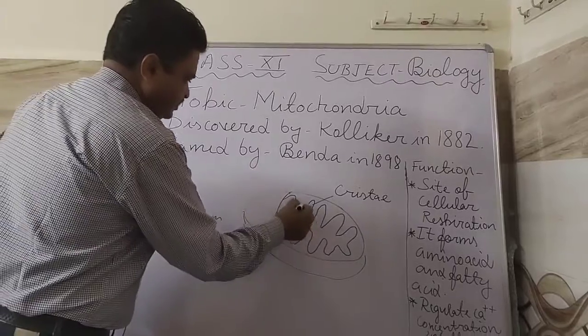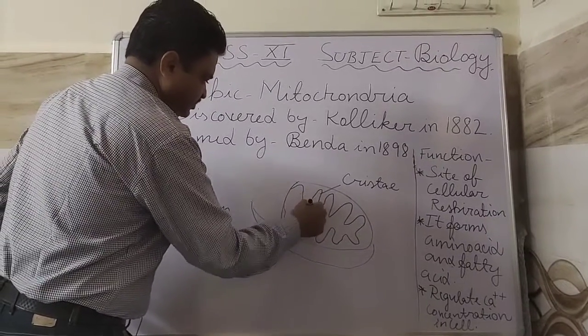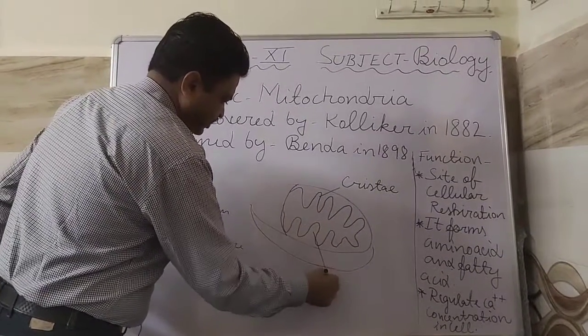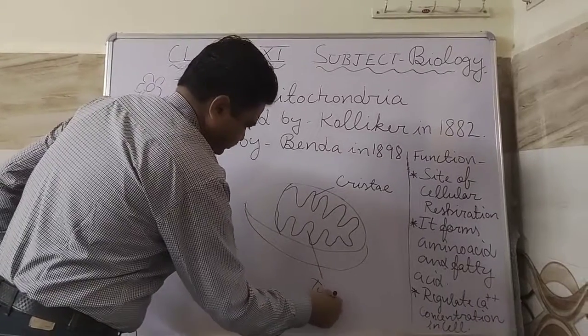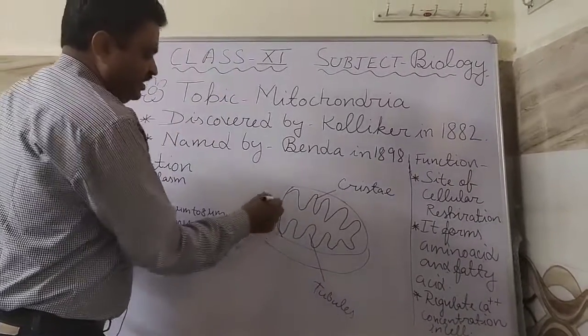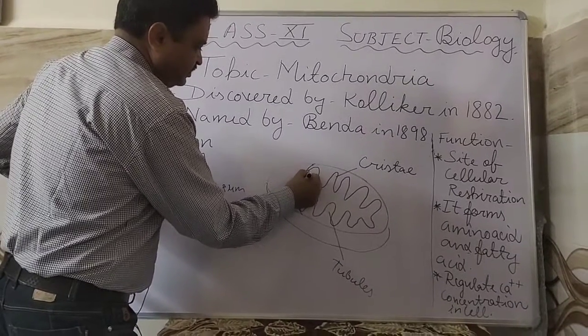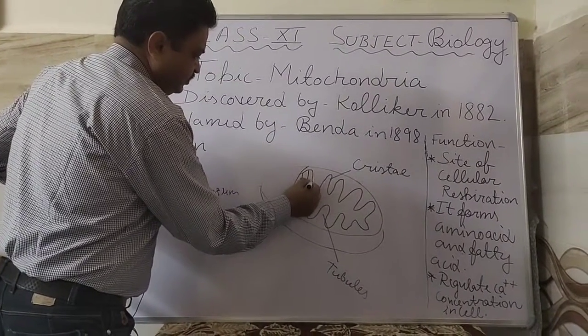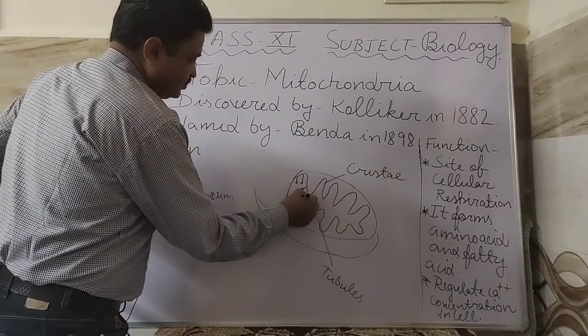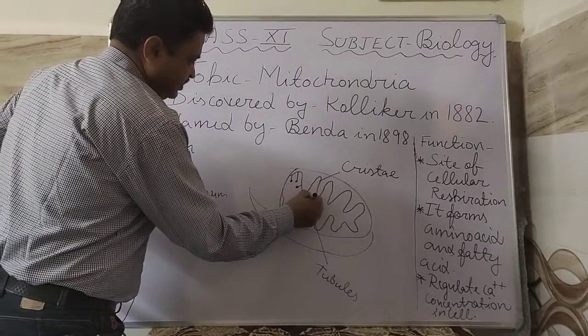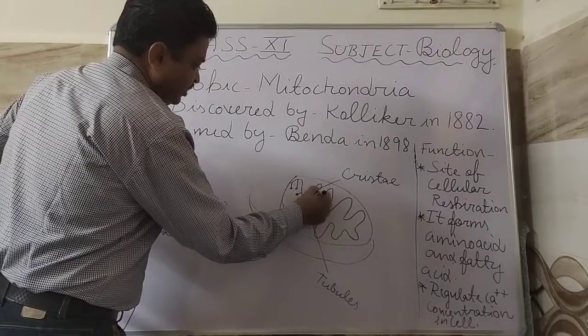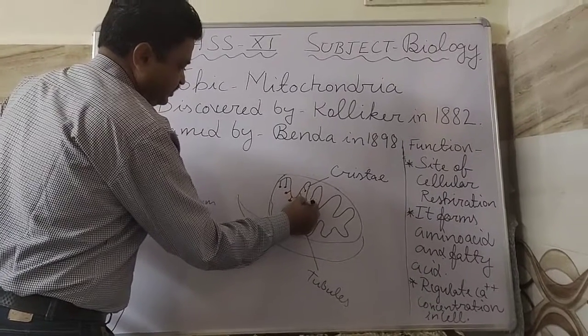And due to these cristae, tube-like structures are found. They are known as tubules. Inside the cristae, student, there are F1 particles, F0 particles, or oxysomes, and these are also known as Racker particles. Racker particles.